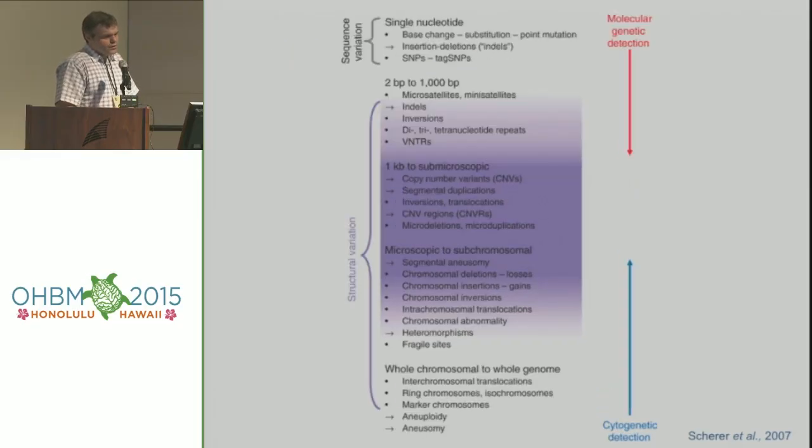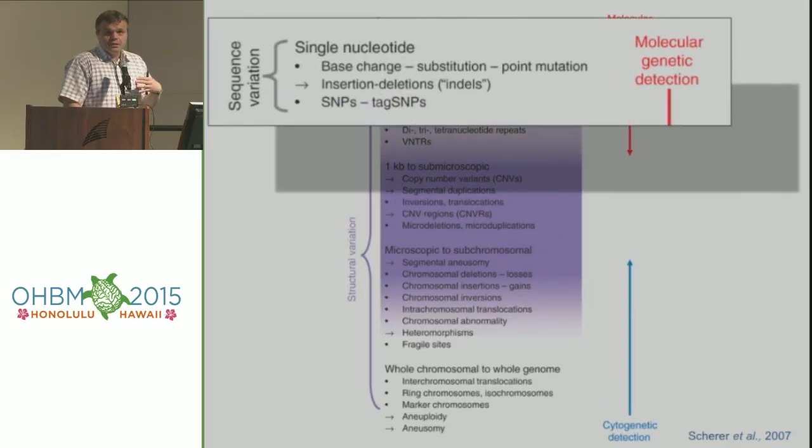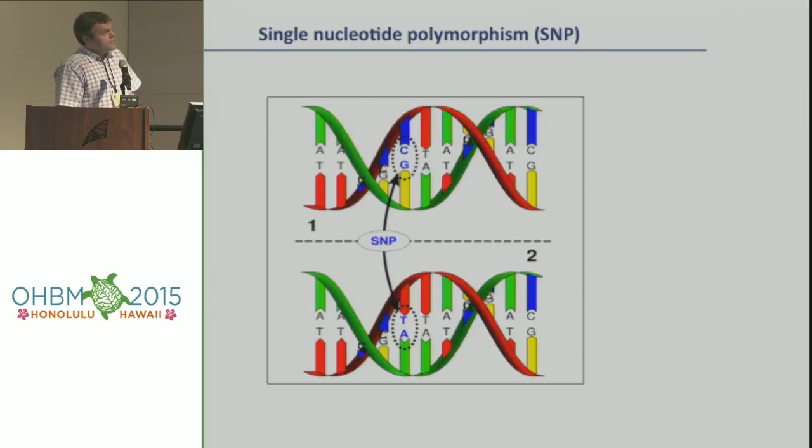Now let's start with the smallest yet most abundant form of genetic variation, the so-called single nucleotide polymorphisms, or SNPs. You will be very familiar with that name. So basically you have a certain position in the human genome, and you can have 2 different bases at that position. In this case, for example, you can have either a C base or a T base.